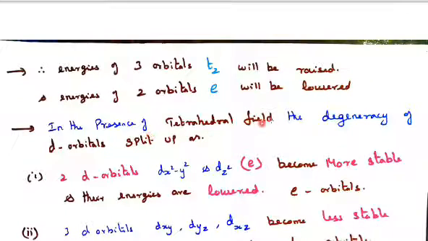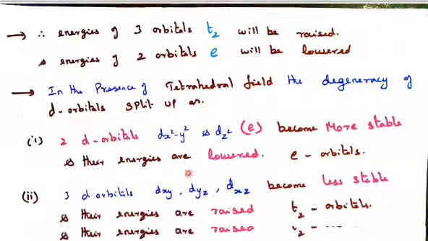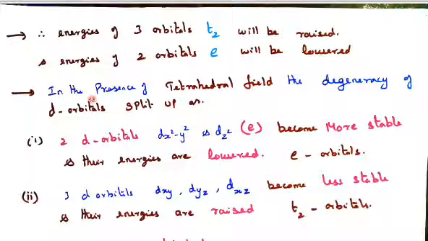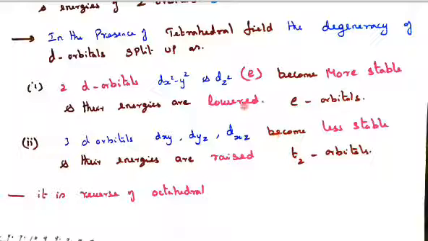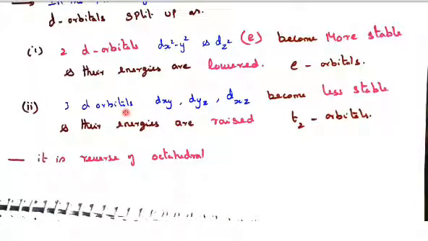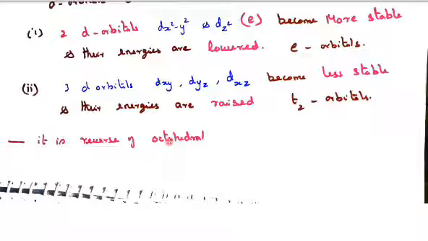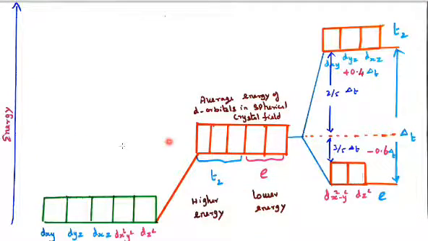In the presence of a tetrahedral field, the degeneracy of the d orbitals splits up. The two d orbitals, dx square minus y square and dz square, the E set, become more stable and their energy is lowered. The three d orbitals dxy, dyz, dxz, the T2 orbitals, become less stable and their energies are raised. It is the reverse of octahedral complexes in CFT, and here is the diagram.